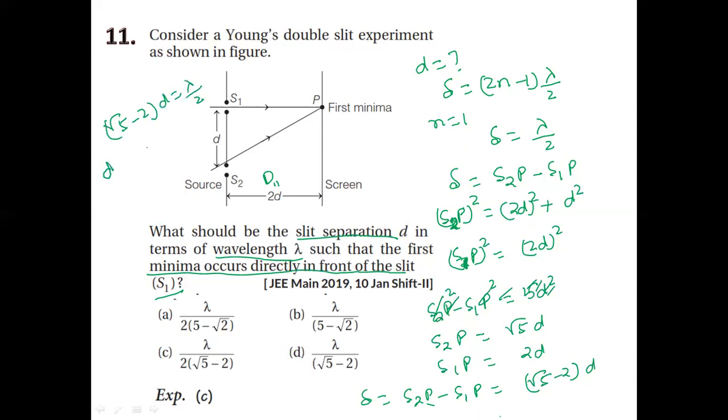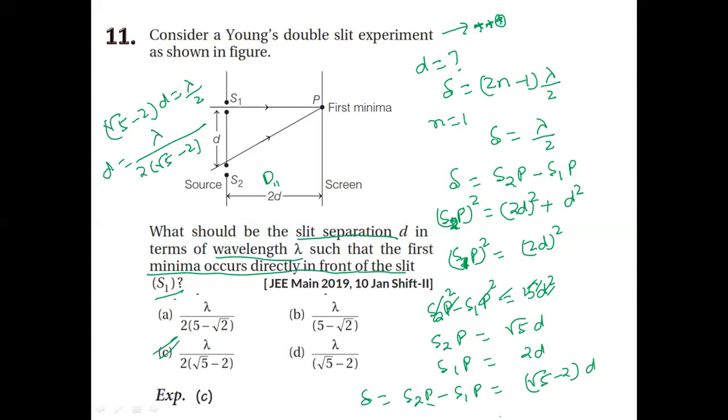So D equals lambda by 2 times root 5 minus 2. That is option C. This model is most important.